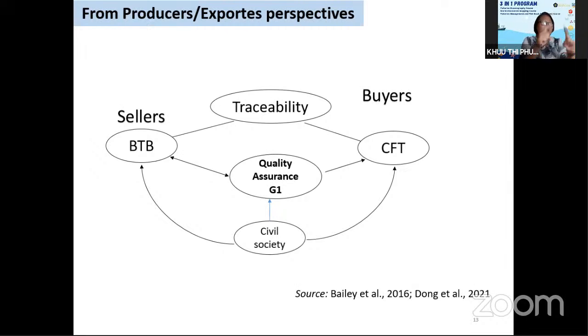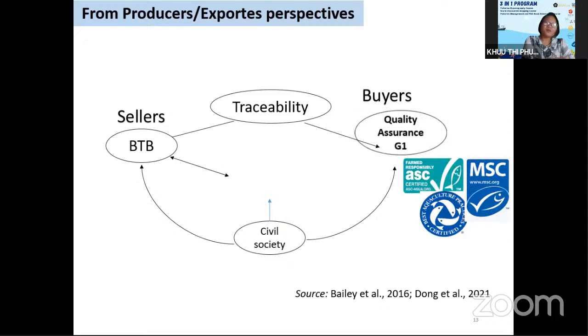If they only contribute B2B, the information is only shared between producers. So the sellers want to contribute B2B first, but because the buyers, the consumers, want to know the information, it should be shared through the CFP system.